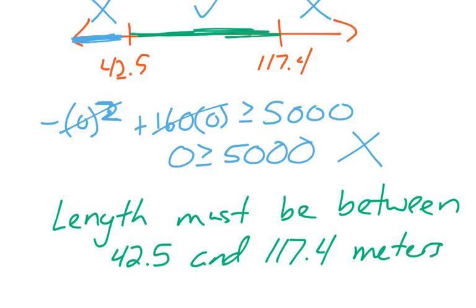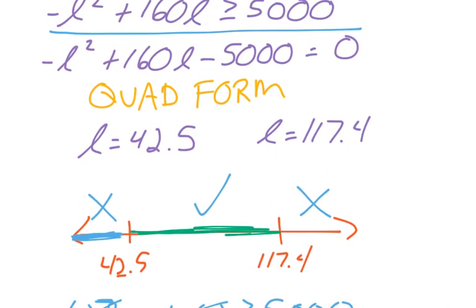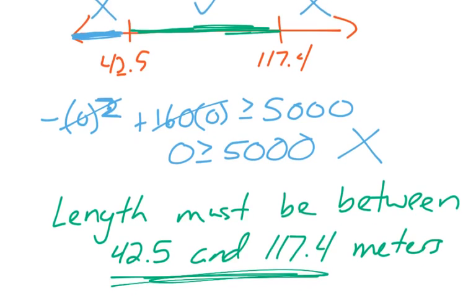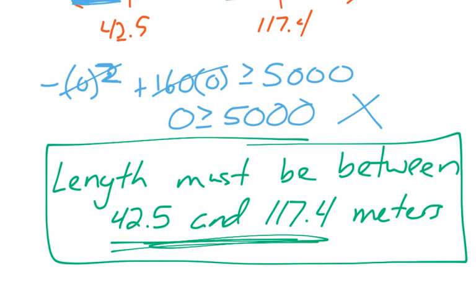So whatever the length is, it's between those two numbers, so there are lots of options. We'd have to figure out the width to make the perimeter 320, but that would give us an area greater than 5,000. The directions said describe the possible lengths of the playground, so this would be your answer right here: the length must be between 42.5 and 117.4 meters.